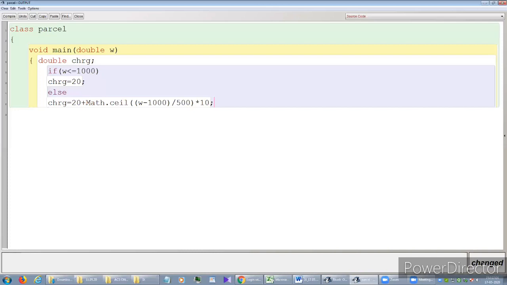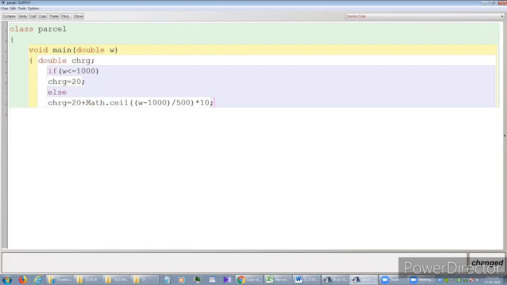Let me explain this with this 2,301 gram. For 1,000 gram, one slab, 20 rupees. For the next 500 gram, 10. So 20 plus 10, 30. For the next 500 gram, 10, and for the next 301 gram, also you have to pay 10. So 20 plus 10 plus 10 plus 10. But when we know the weight, then only we can calculate this way.